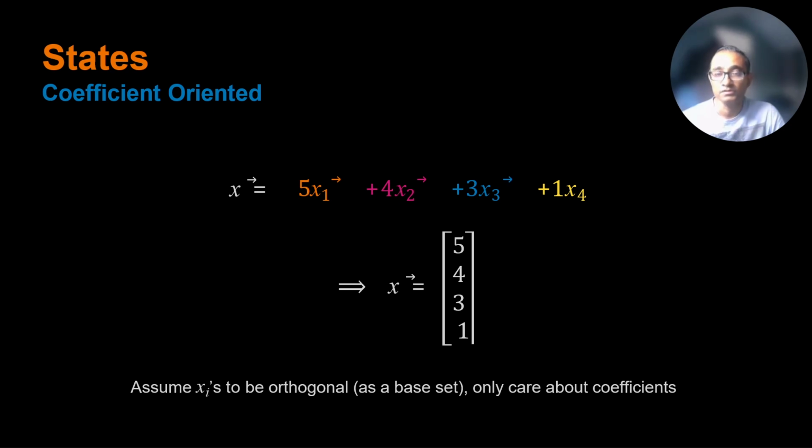You can therefore safely write the vector as a combination of coefficients, assuming that each coefficient represents a base vector, and those base vectors are orthogonal to each other. Therefore, we only care about the coefficients.